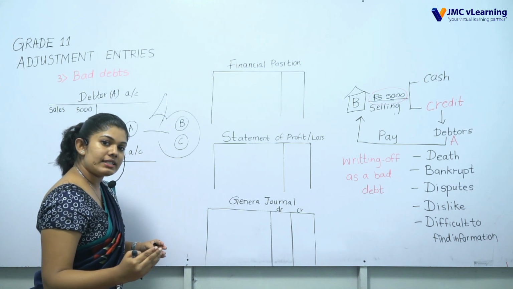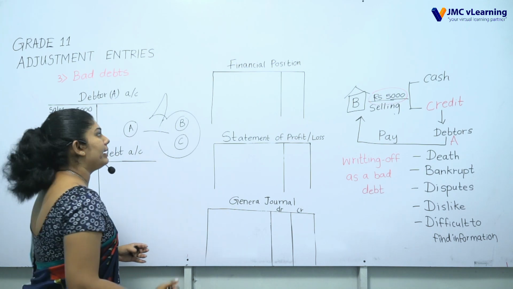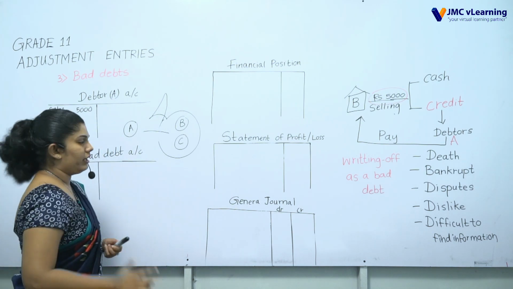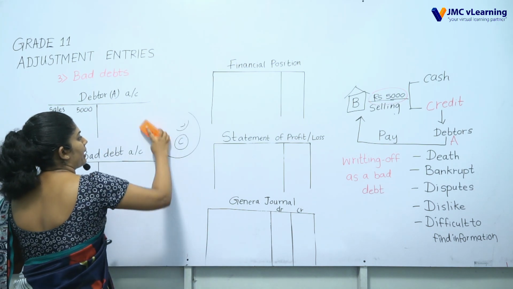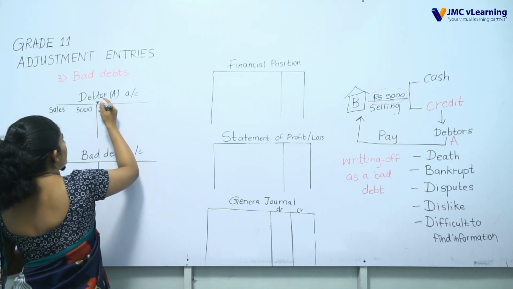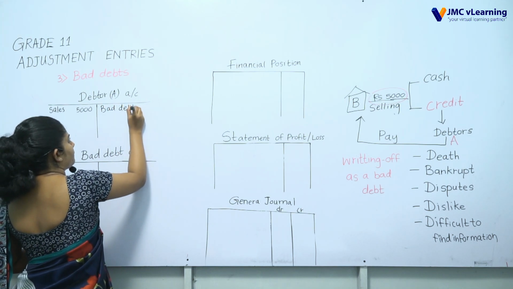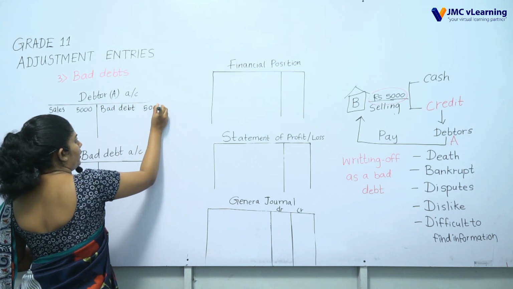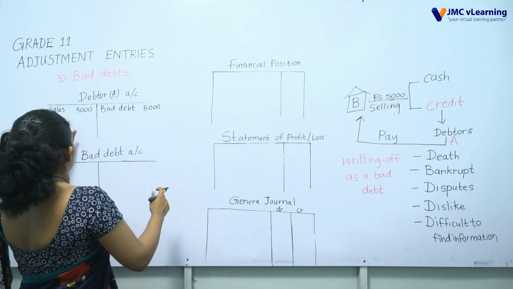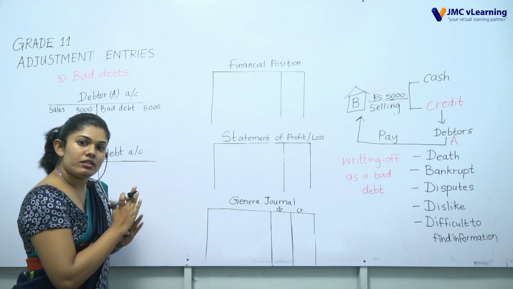To cancel his account, there's nothing I can do but to record bad debt. When I record his bad debt, which is the total amount of sales I made, you can see the entries are similar, so his account is closed.